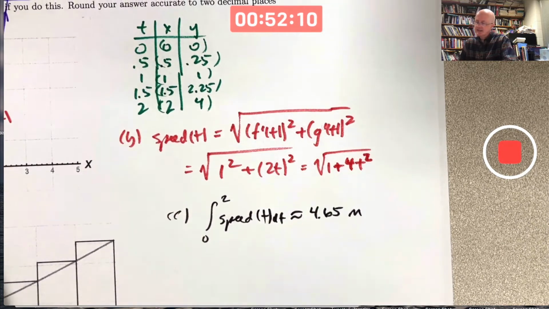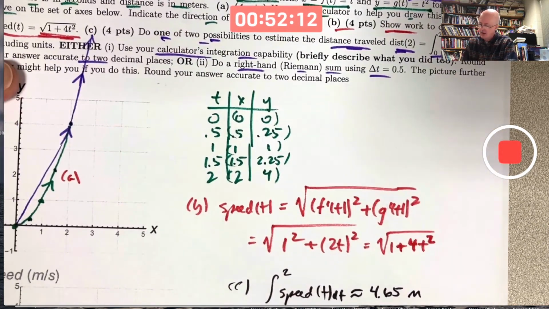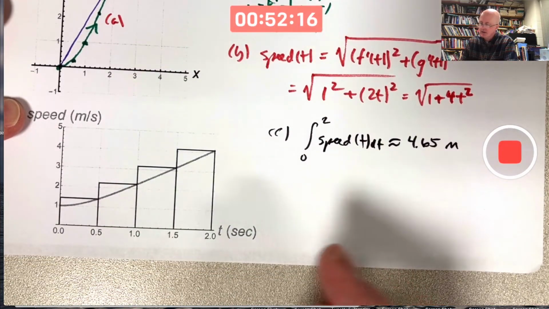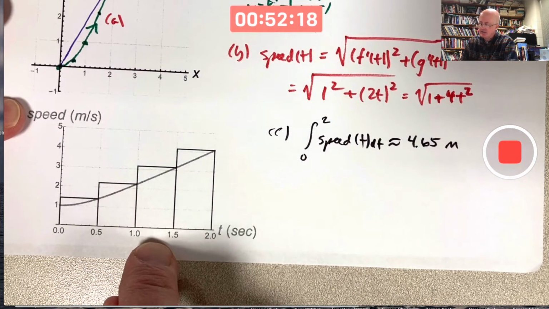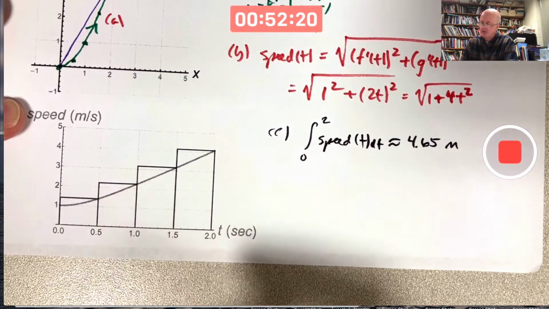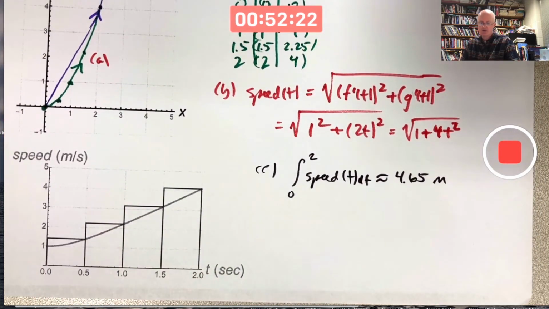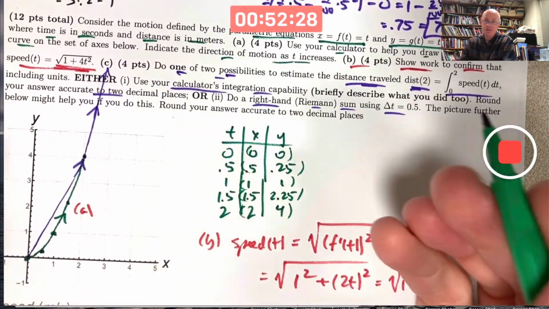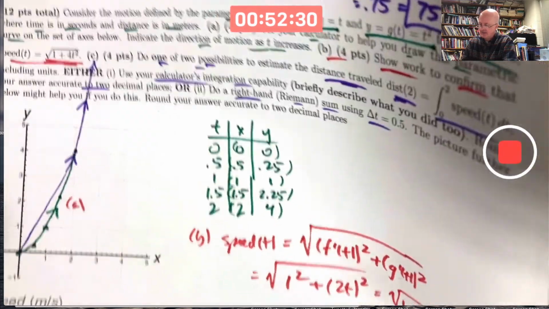If you did a right-hand sum, it's not going to be as precise of an answer. And it's going to be too big, in fact, because you can see the function's increasing, so these rectangles are all above the graph, and the area under them is too big. So the answer is going to be too big, but I did give them that option as another way to estimate the answer.